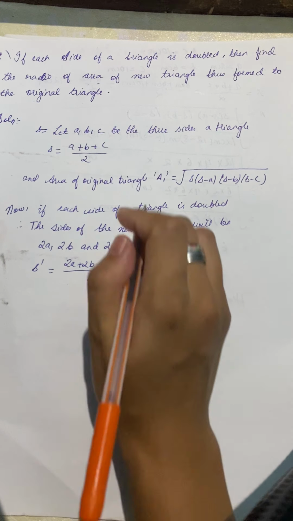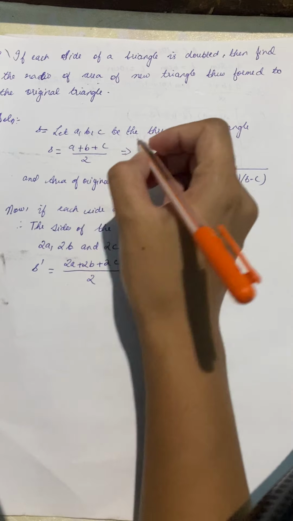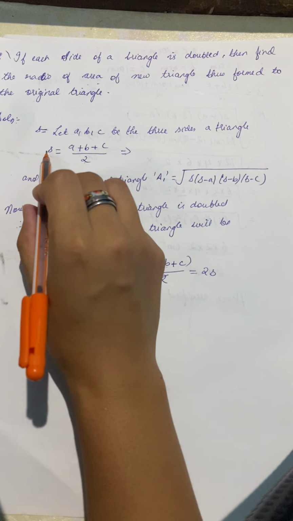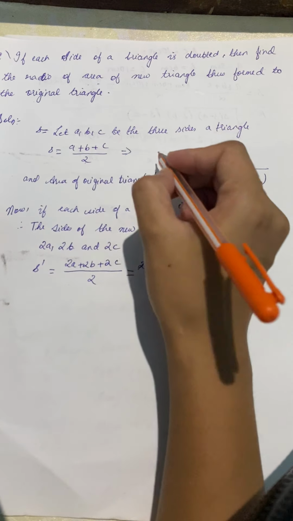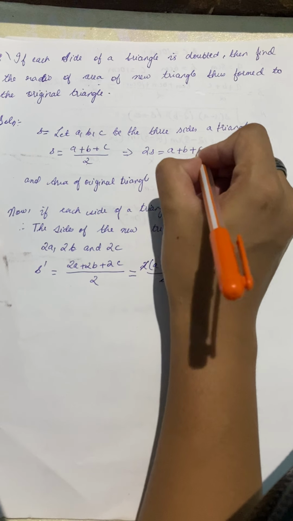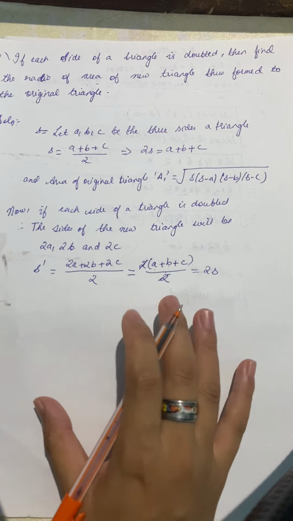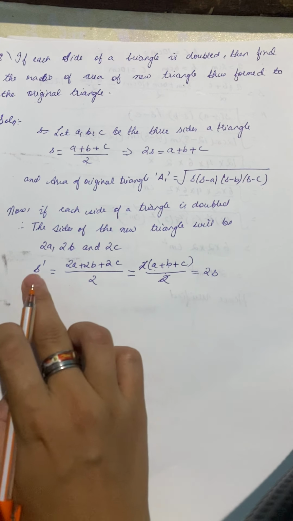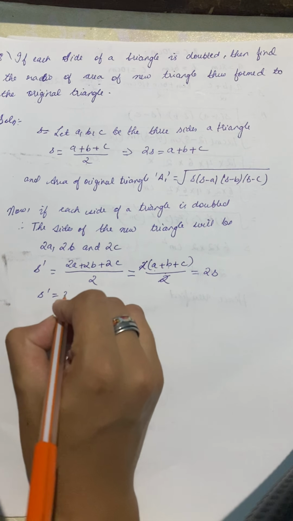And how do I get this? If I take 2 to the left hand side, it will go upside, right? So 2S is equivalent to A plus B plus C. Clear up to this much?